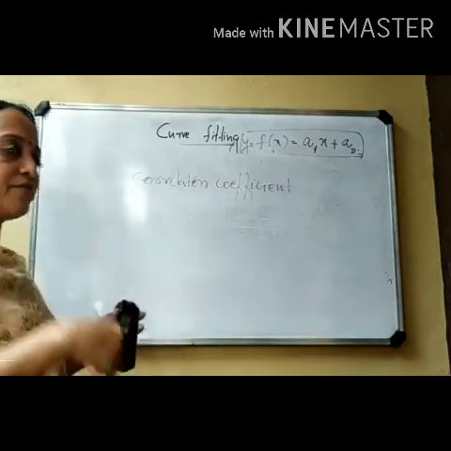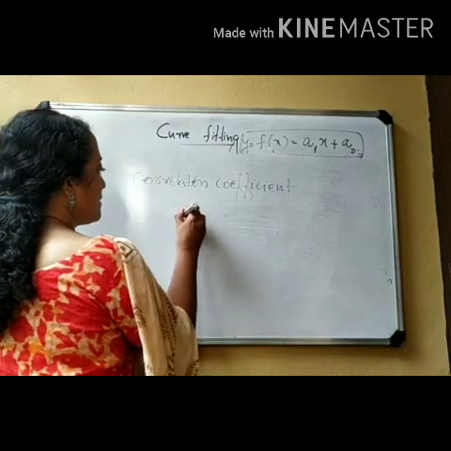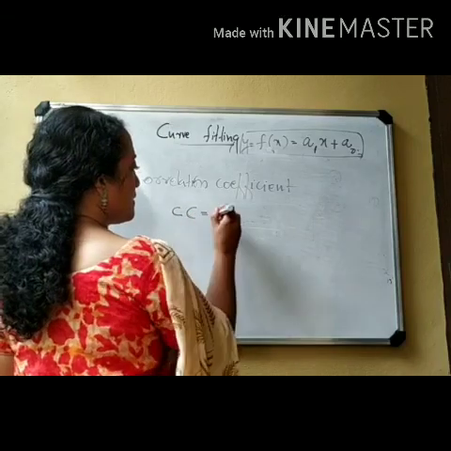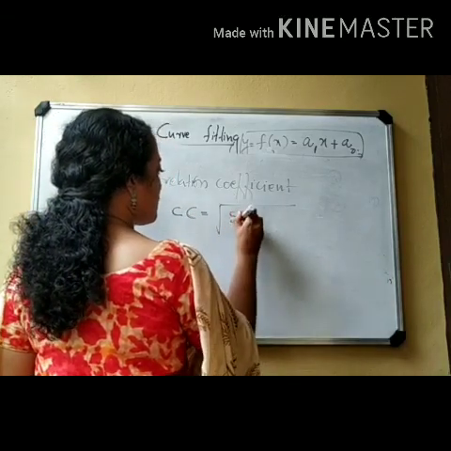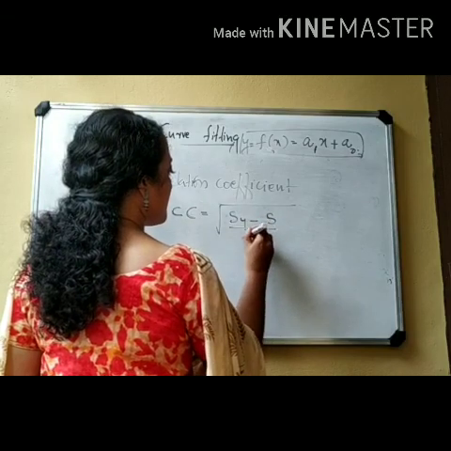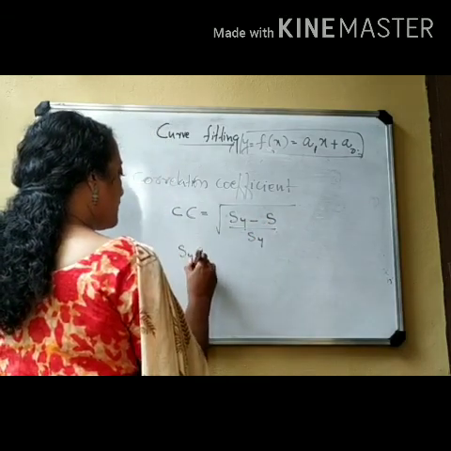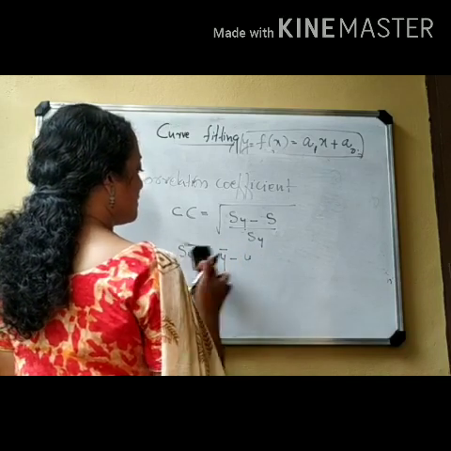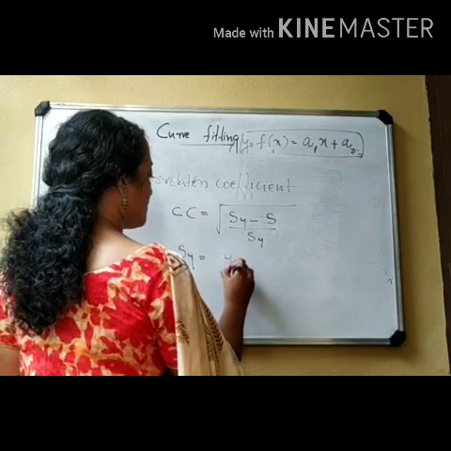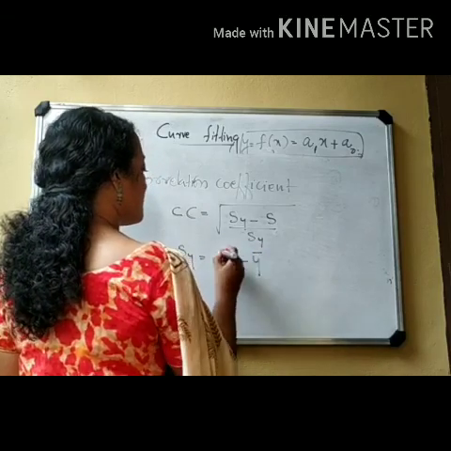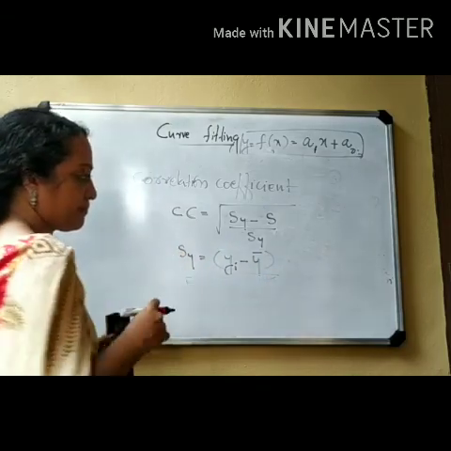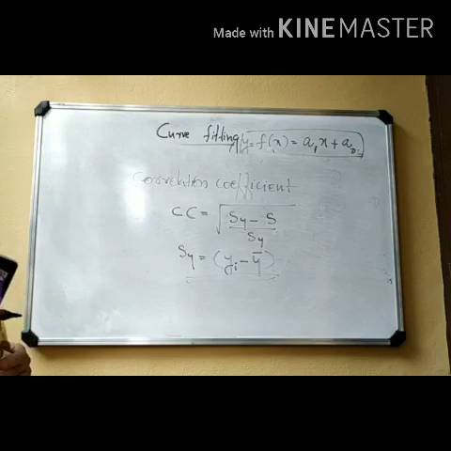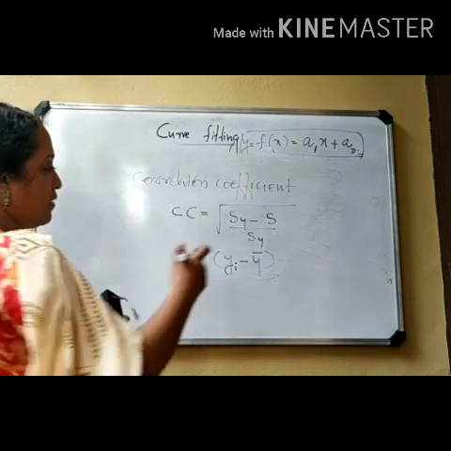Now the correlation coefficient CC is equal to the square root of (Sy minus S) by Sy, where Sy is equal to the sum of yi minus y bar, the whole square.